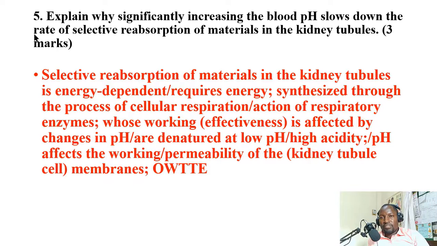The respiratory enzymes' effectiveness of working is affected by change in pH, whether high pH or low pH, which means high acidity. When the pH is affected, the permeability of the kidney tubules is also affected. We also accept any other words to that effect, but the point must be very clear.